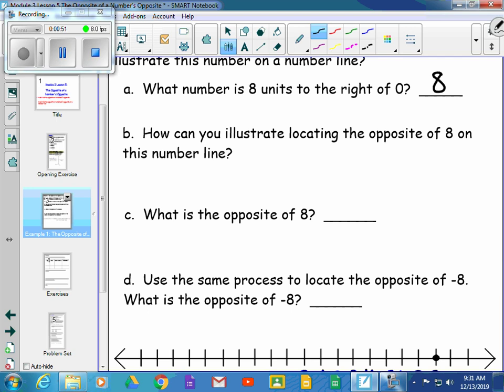Well, since 8 was 8 units to the right, its opposite has to be 8 units to the left of 0. So we can count 8 units to the left of 0.